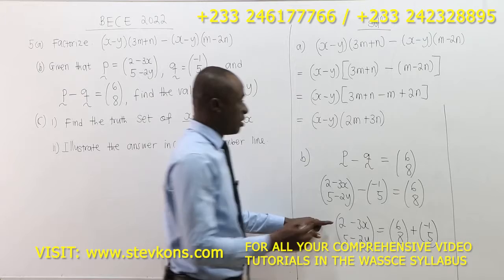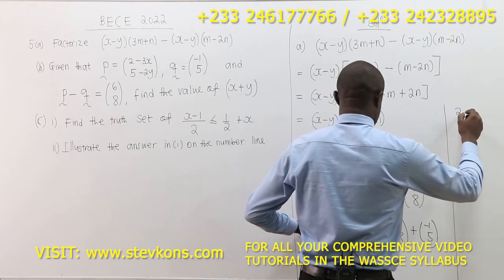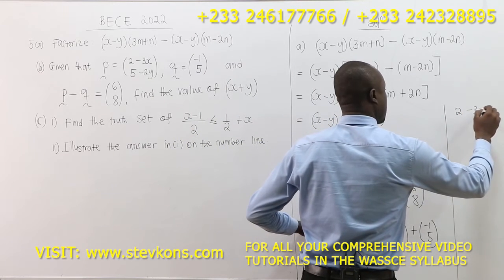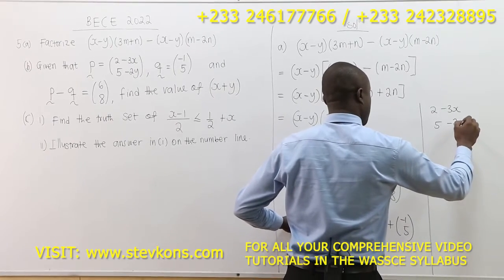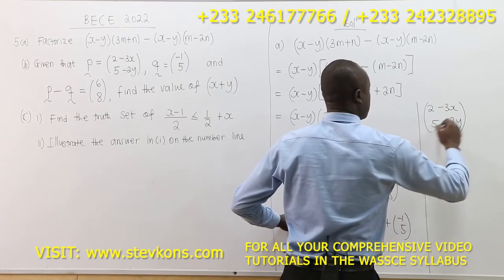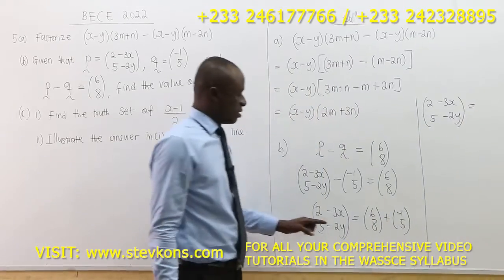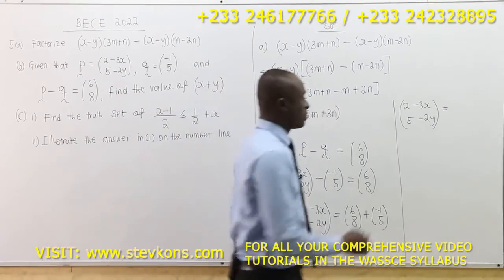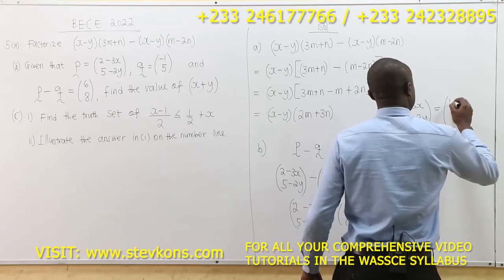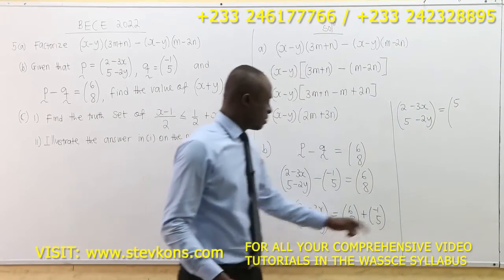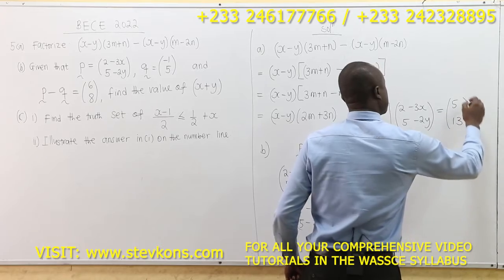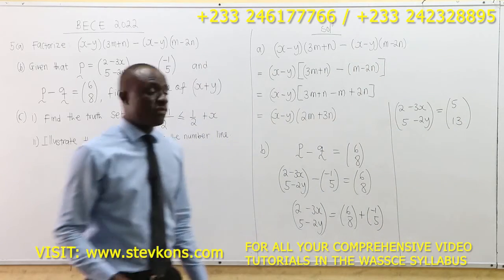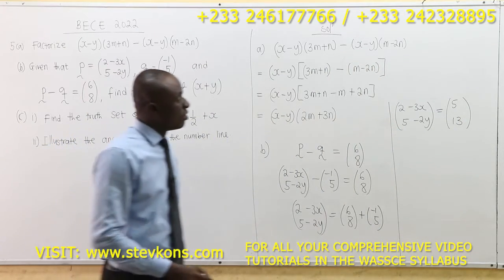So clearly from here, we have 2 minus 3x, 5 minus 2y, and this is equal to, 6 minus 1, that is 5, 6 plus 5, and clearly this is giving us 13. Now from here we apply equal vectors.